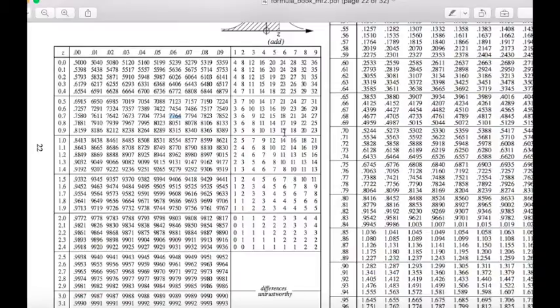So now we're at 0.7782, but we also need to go 7/10 of the way along this. So 7/10 of 3 is 2. So we're going to have to go along 2 from this. So I make that 0.7784.